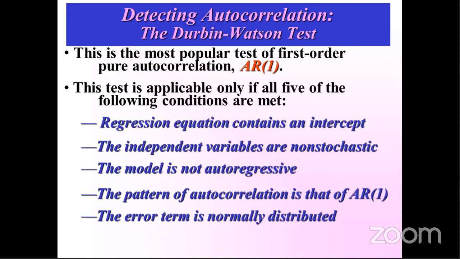The most popular is the Durbin-Watson test. In my discussion I will only take these two methods of detecting autocorrelation. One is the DW test, the other is the LM test, Lagrange multiplier test or Breusch-Godfrey test, or the BG test. So let us first take the DW test.